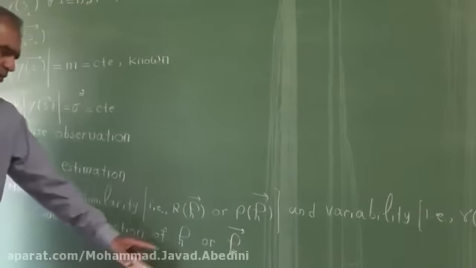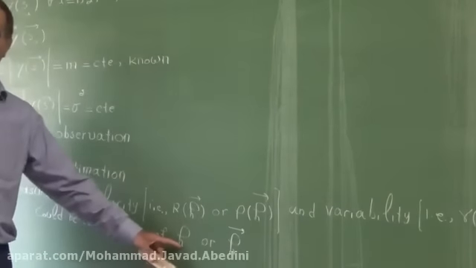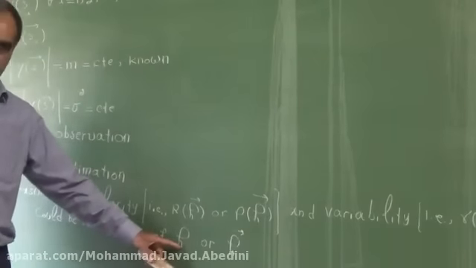If I write down h, it means separation distance. If I write h with a vector on top of it, it means separation vector.